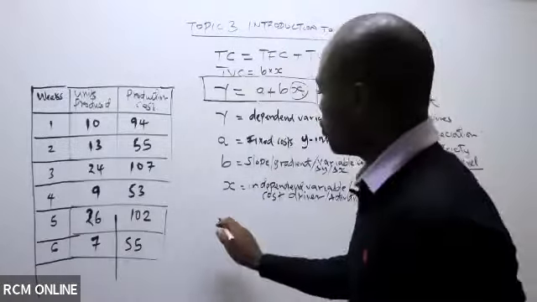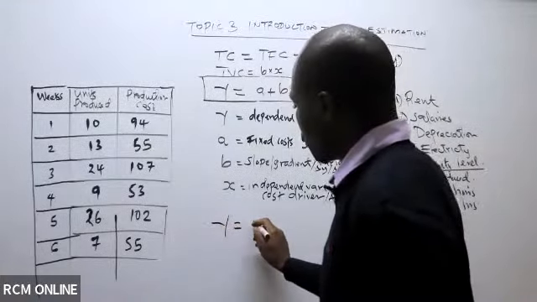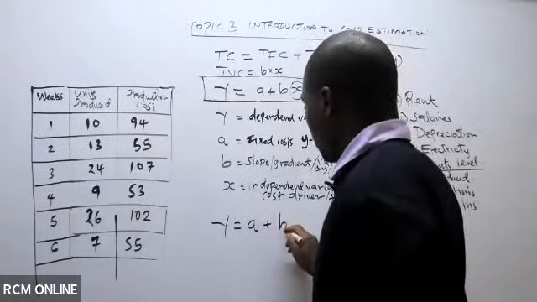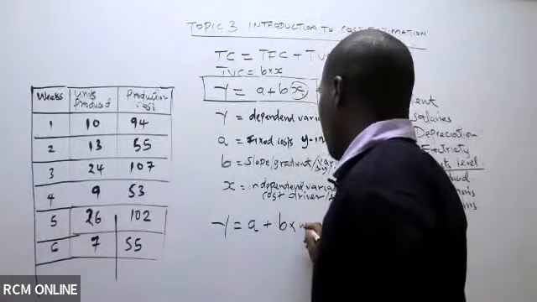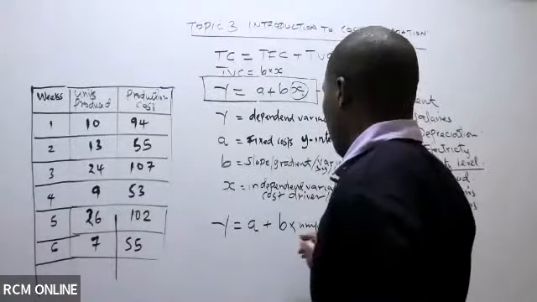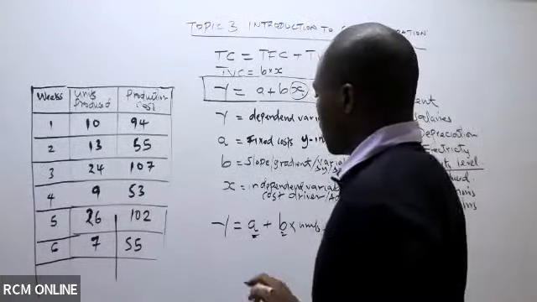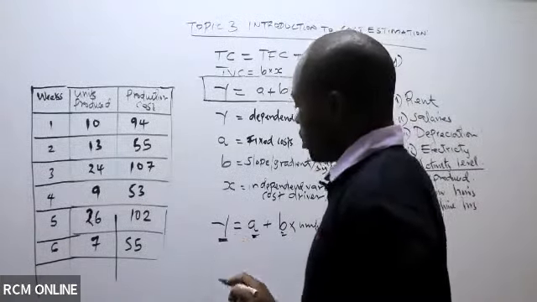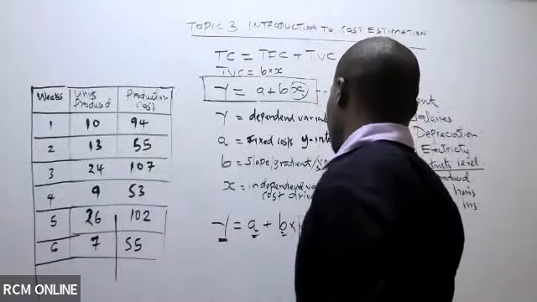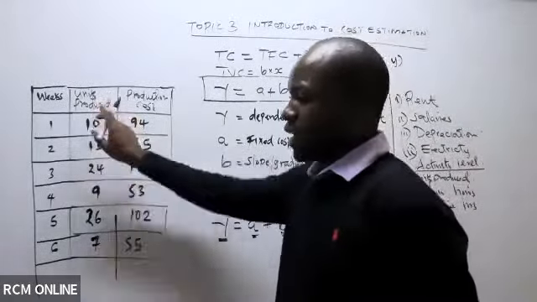Our cost function, which is this one here, total production cost, is equal to total fixed cost plus variable cost per unit multiplied by units produced. So this one is constant. This one is constant, which means any change in Y will be as a result of change in what? Change in units produced, which is X. So this is the independent variable.